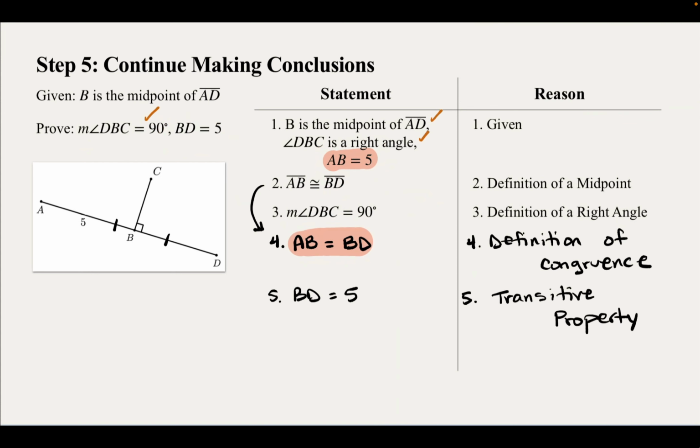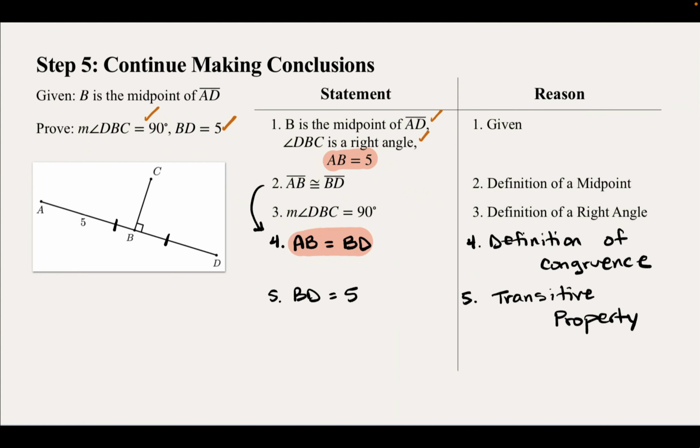Transitive property: if two things are equal to the same thing, then they're equal to each other. BD and 5 are both equal to AB. That means they have to be equal to each other. So this right here is my second statement that I was trying to prove. And there you go. We've proven all of our required statements.